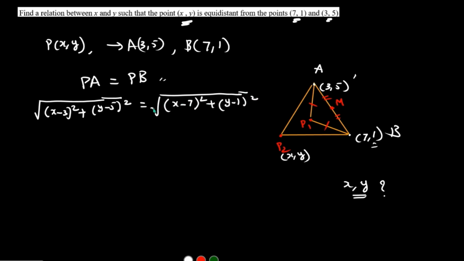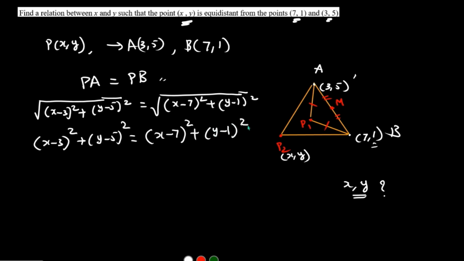This is the condition to make the point equidistant from point A and point B. If you square both sides, this becomes x minus 3 whole square plus y minus 5 whole square equals x minus 7 whole square plus y minus 1 whole square.